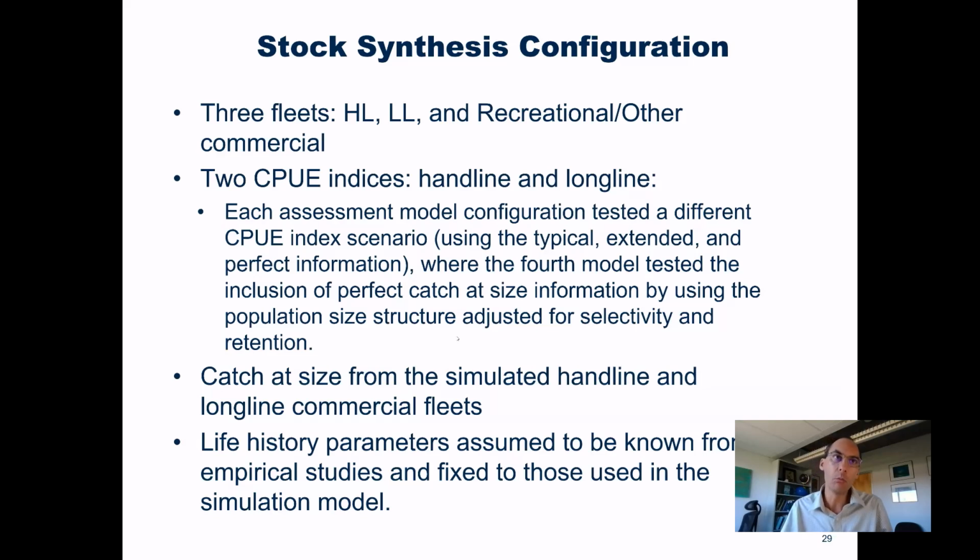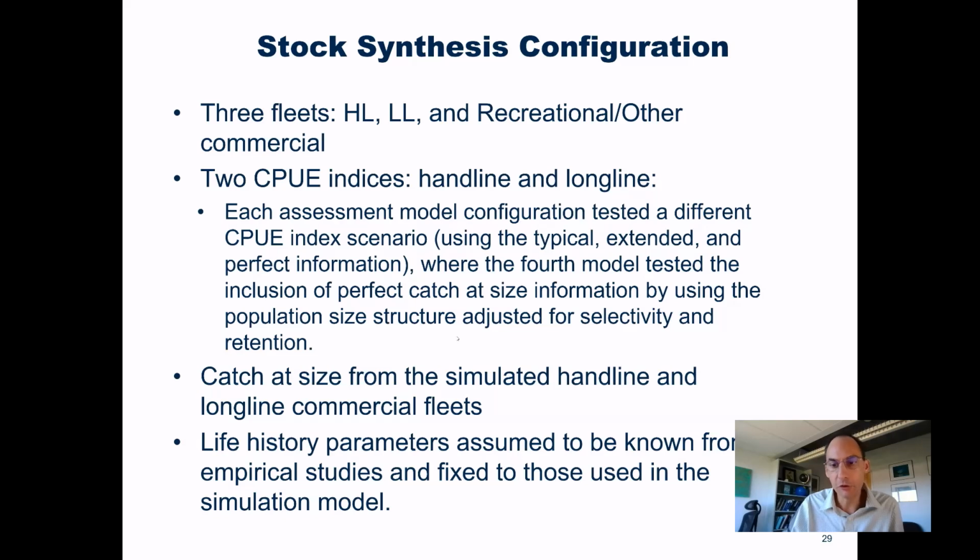So what configuration of these models do we need so that the status of the stock estimated by the stock assessment model matches the status of the stock that we see at the end of the 20-year time series from the simulation?